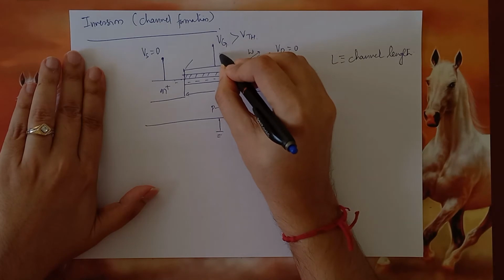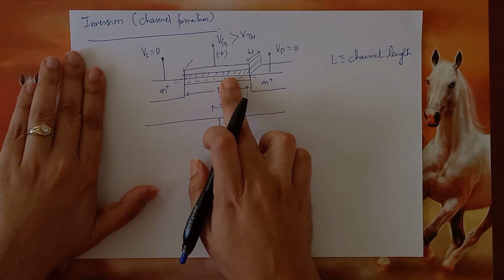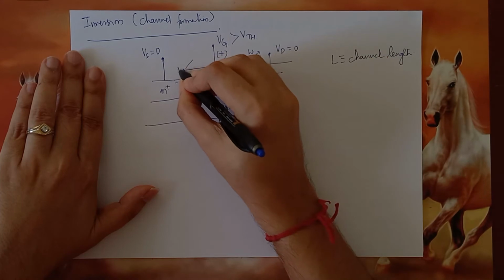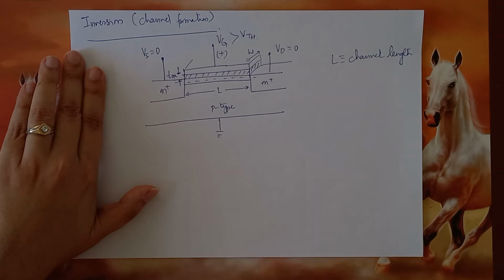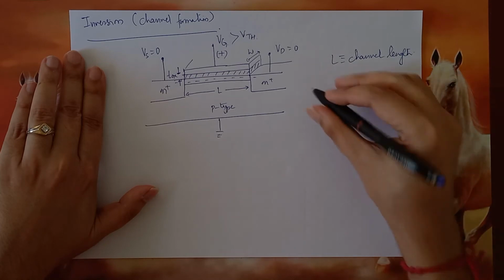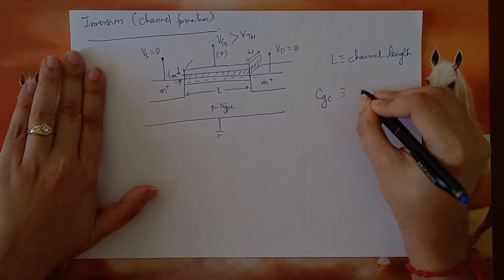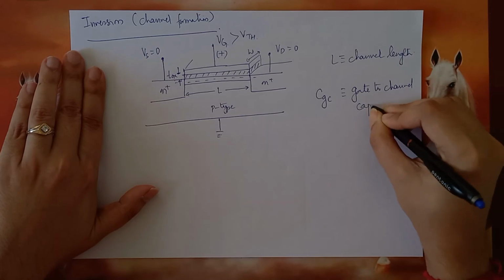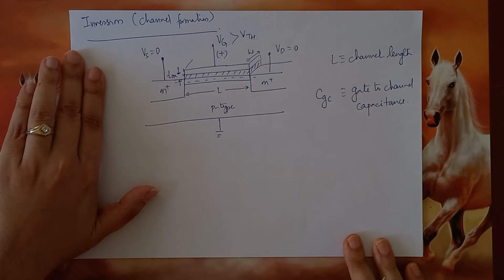Now what is happening over here? You have a plus voltage and you have negative charges over here, and the two are separated by this oxide layer, which is SiO2. Let us say the thickness of the oxide layer is Tox. Then we can think of this as a capacitor, and this is called the gate to channel capacitance, CGC.